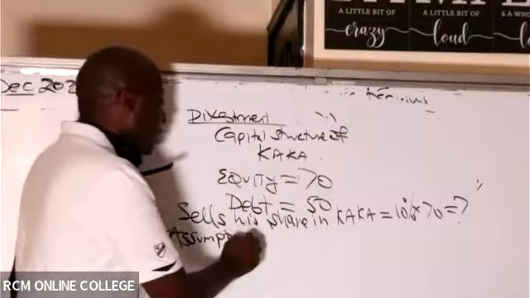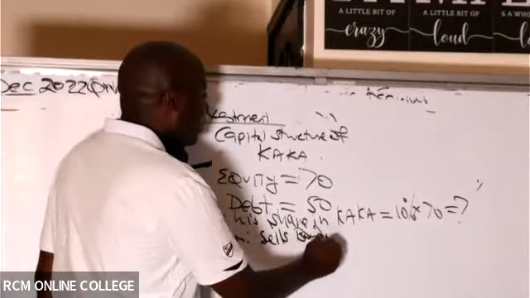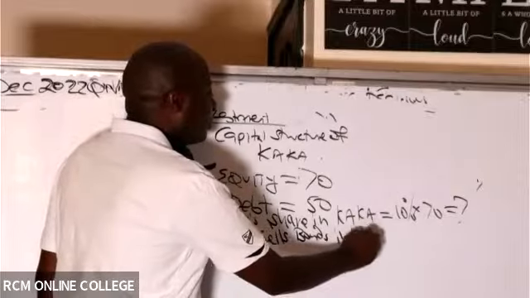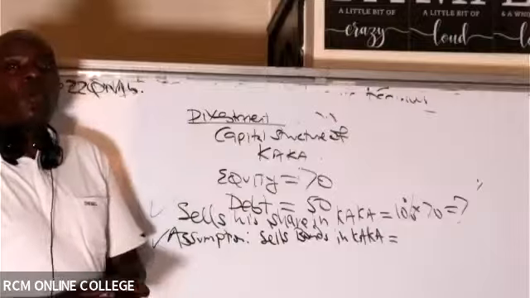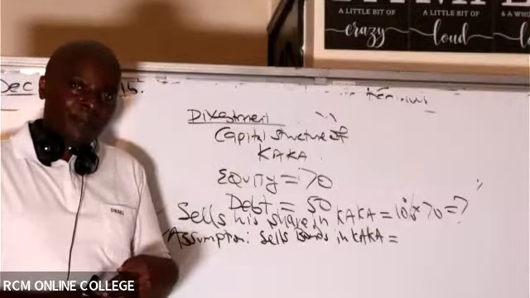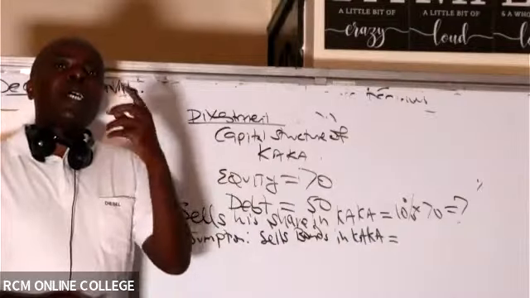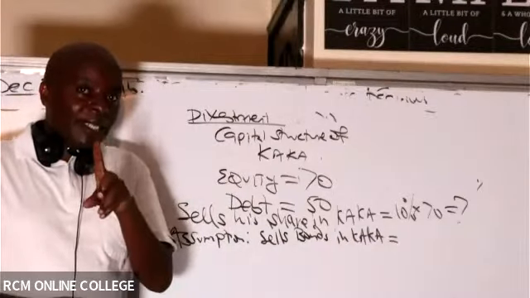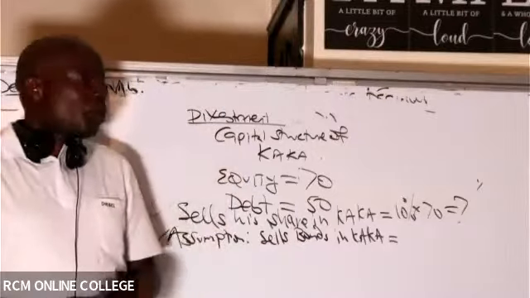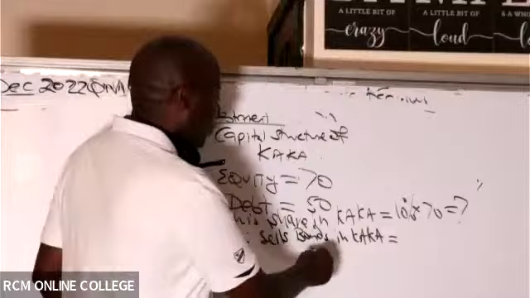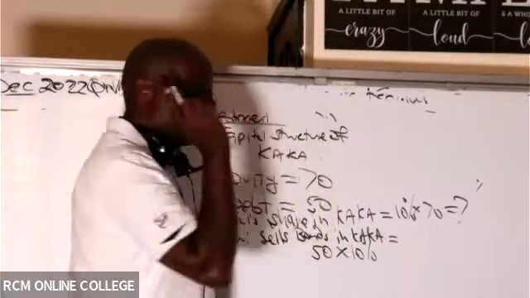So the assumption is that he sells bonds in Kaka. Basically, he is able to go and borrow outside an amount equivalent to his 10% of Kaka's debt. Kaka's debt is 50, and this guy is only working with his percentage.